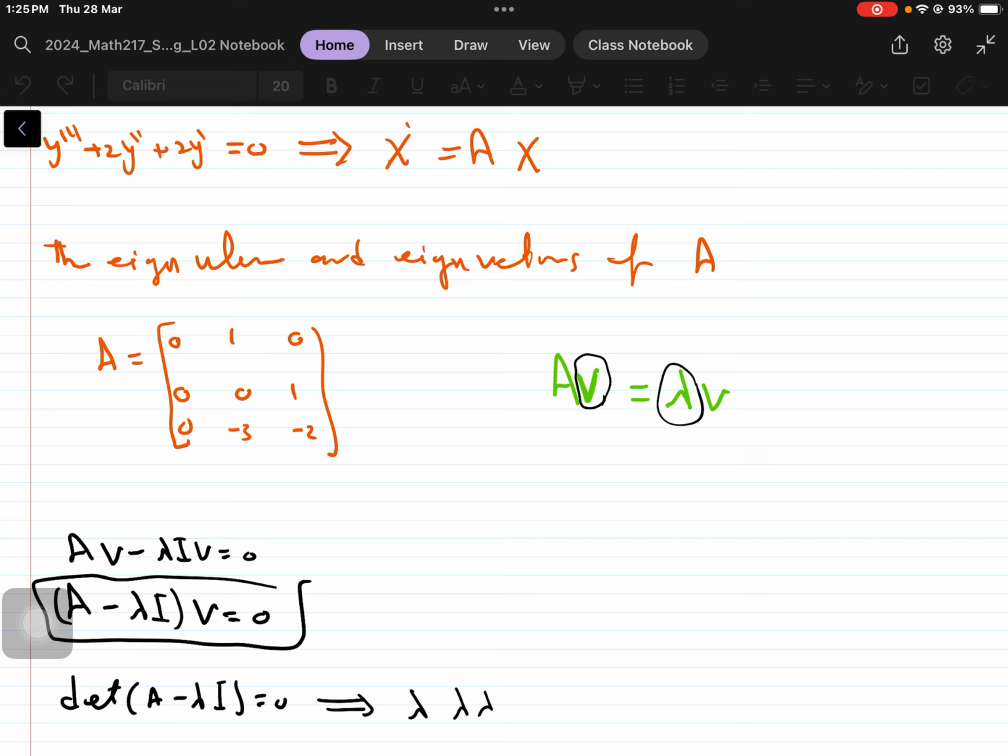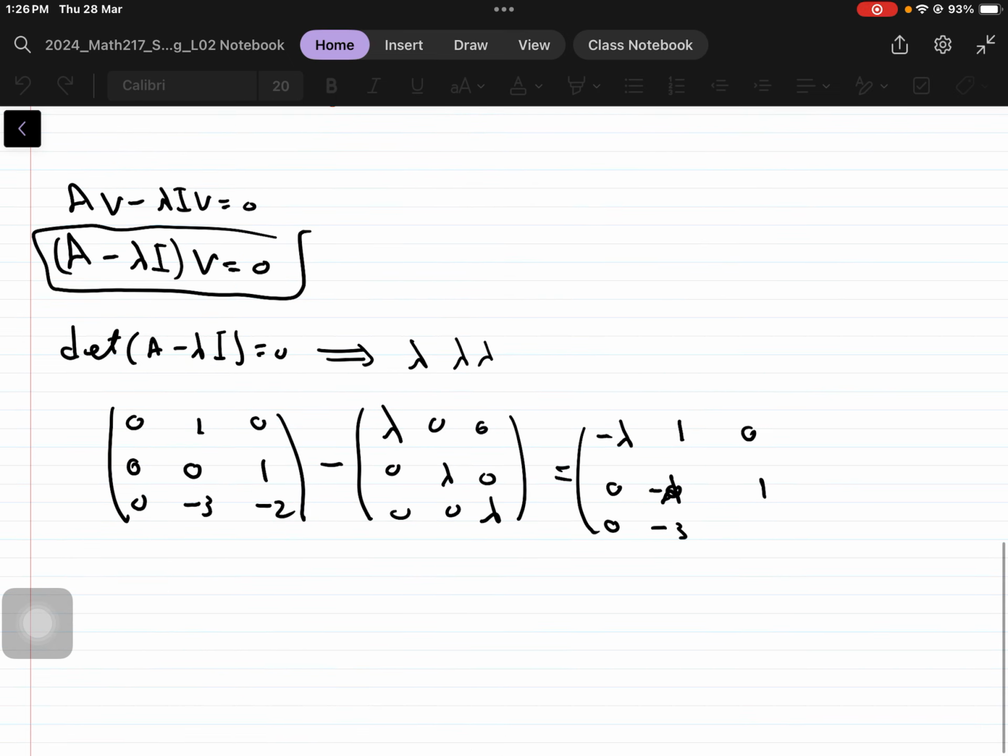So A minus lambda times I will give us lambda 0 0, 0 lambda 0, 0 0 lambda, which will equal minus lambda 1 0, 0 minus lambda 1, and then 0 minus 3, minus lambda minus 2.